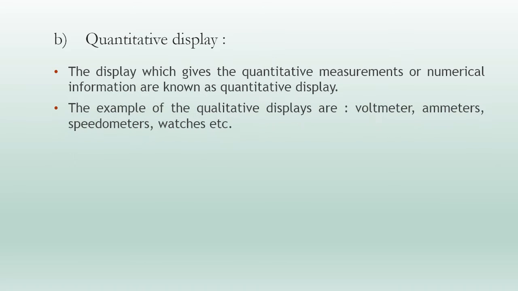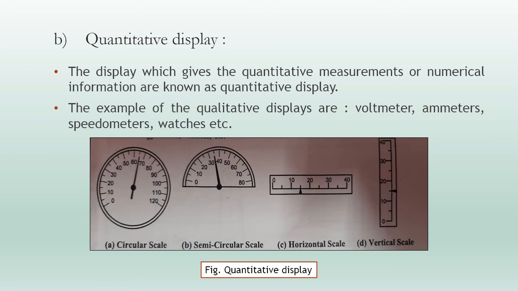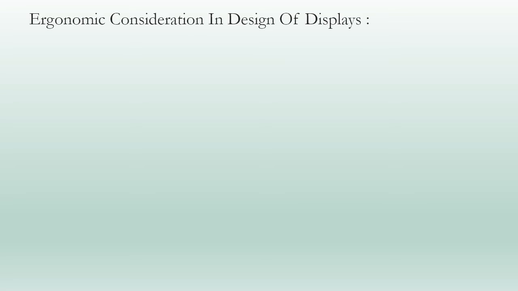The examples of these displays are voltmeter, ammeter, speedometer and watches. Here you can see examples of quantitative displays. This display shows the measurement or numerical information. So far we have seen the categories of displays.